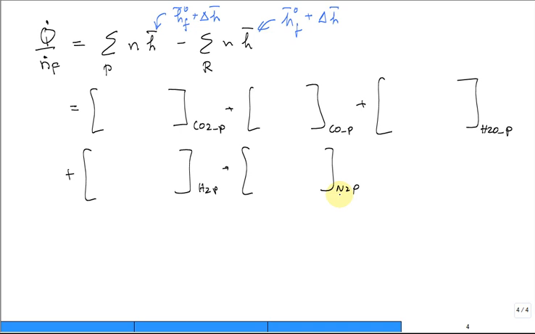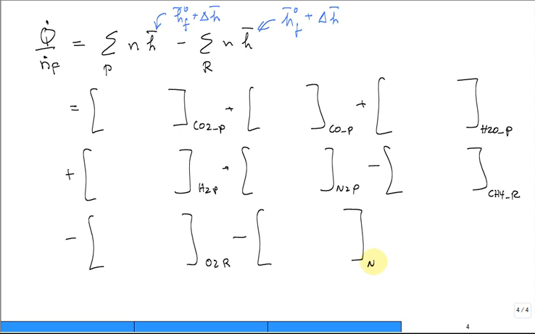Did I cover all the products? And then we have CH4 in the reactants, O2 in the reactants, and N2 in the reactants, right?